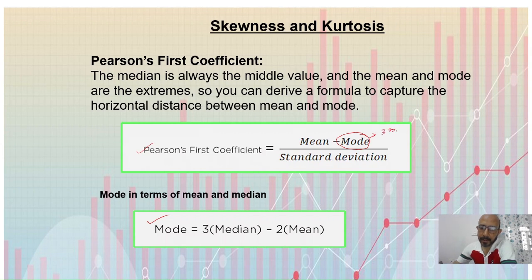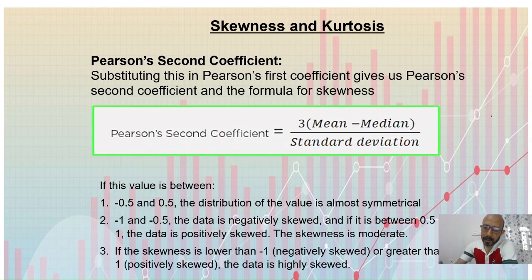Substituting this in Pearson's first coefficient gives us Pearson's second coefficient, the formula for skewness: 3 times mean minus median, divided by standard deviation.